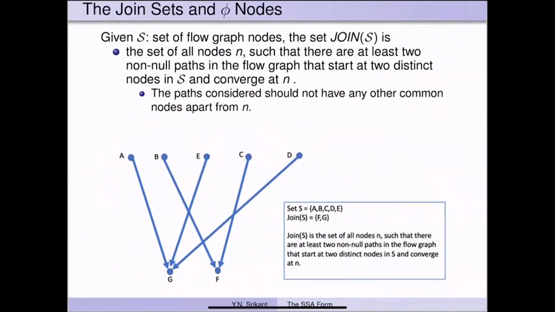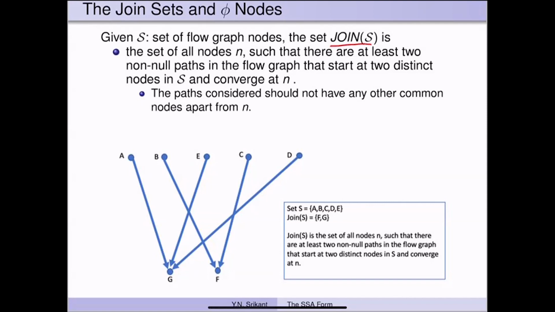So to understand the conversion process in some detail, we need to go through a couple of definitions. And one of them is the definition of what is known as a join set.